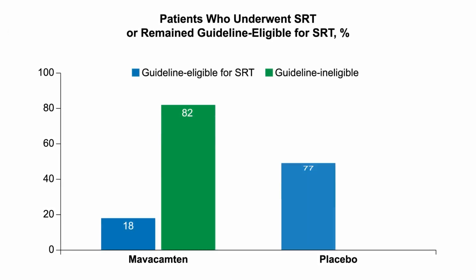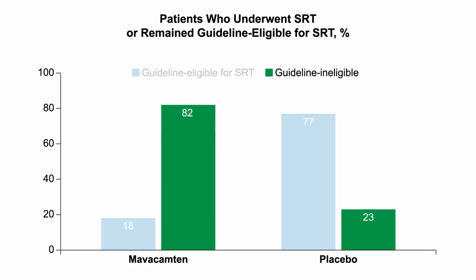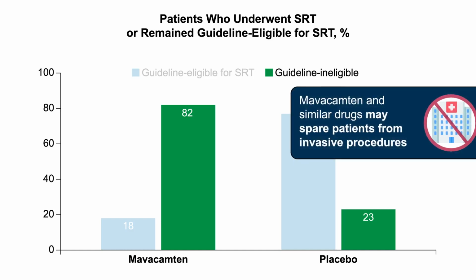Importantly, by the end of the study, more than 80% of patients who had been considered eligible for septal reduction therapy were no longer symptomatic enough to qualify for current criteria for septal reduction therapy, showing that mavacamten and similar drugs may be able to prevent patients from requiring invasive septal reduction treatment of their outflow tract gradients.